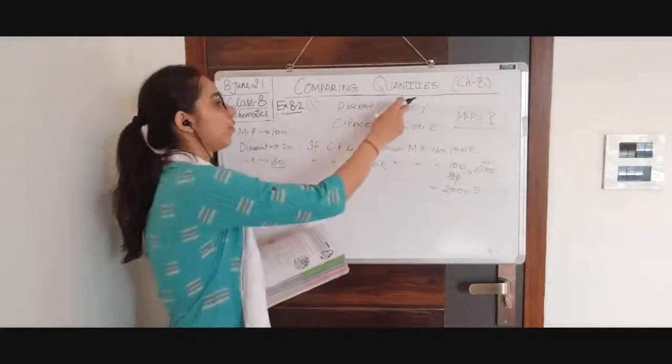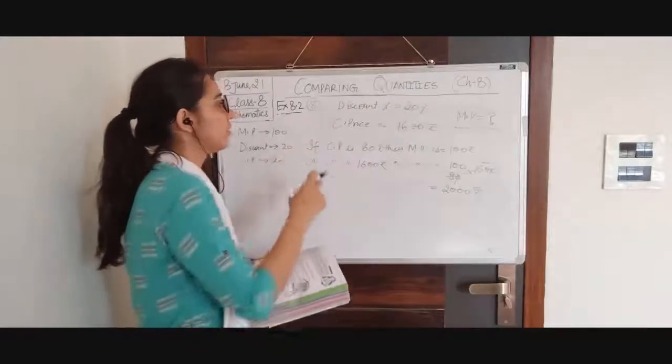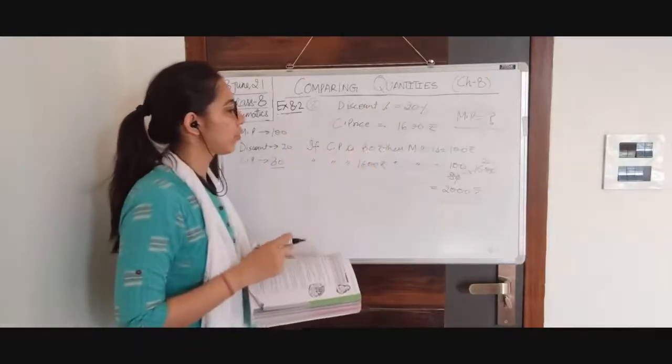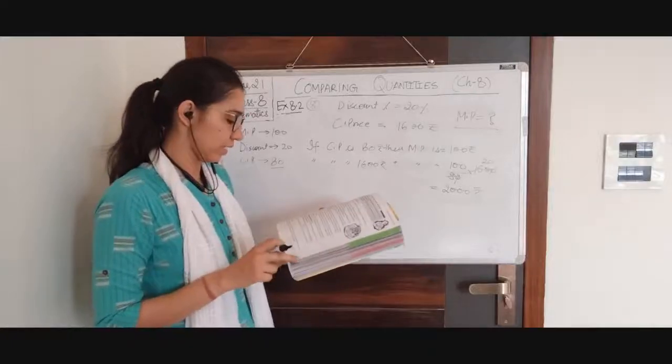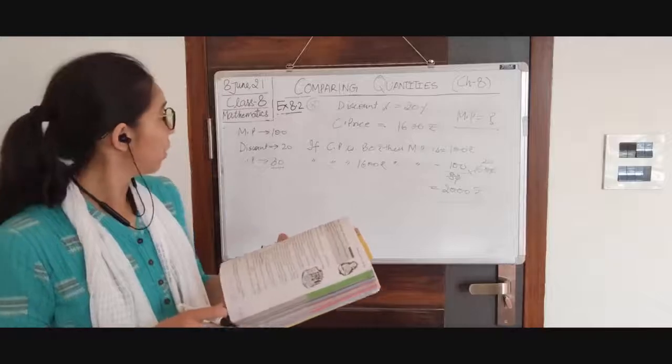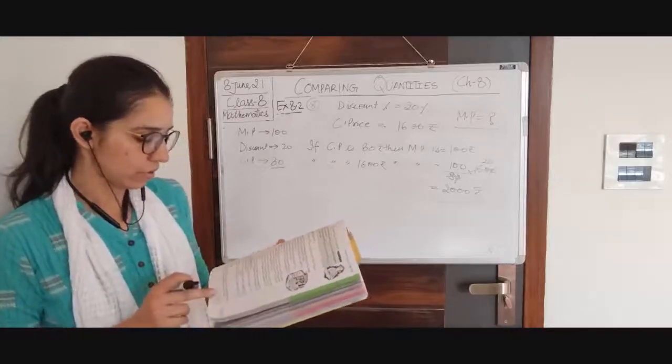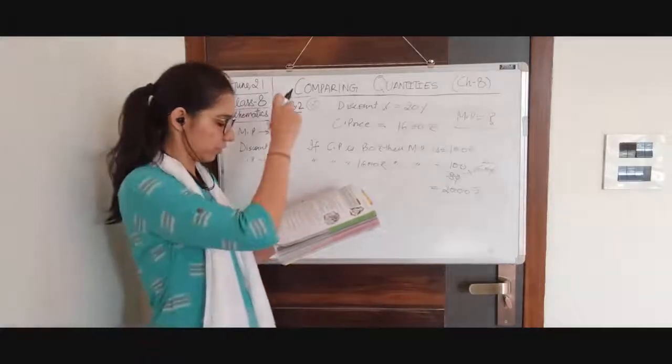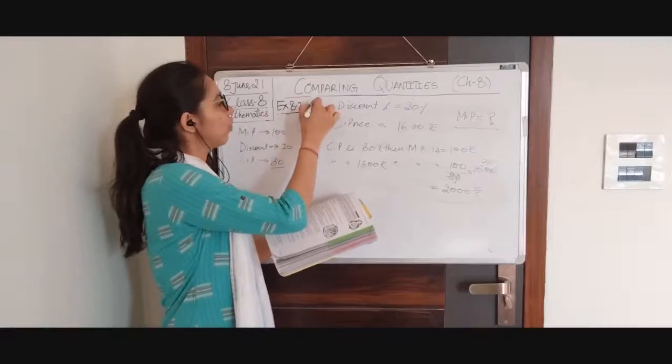On it, a discount of 20% was given, so that cost price came out to be rupees 1600. This was question number 9. Now we will do question number 10.